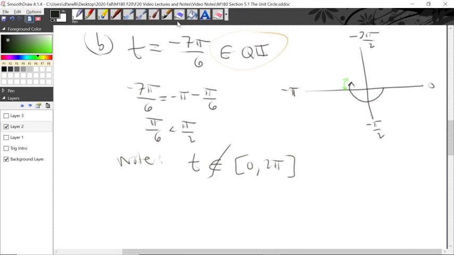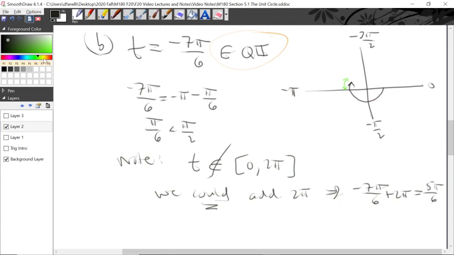Now we could add 2 pi to t, to get negative 7 pi over 6 plus 2 pi. With a common denominator of 6, that would be 12 pi over 6, so that's going to give us 5 pi over 6.